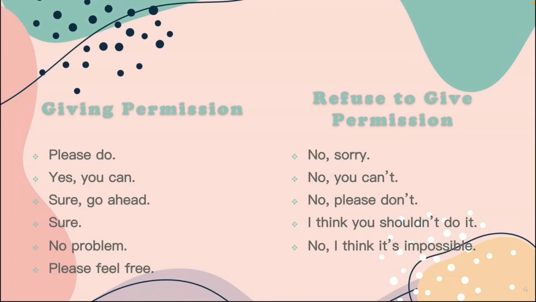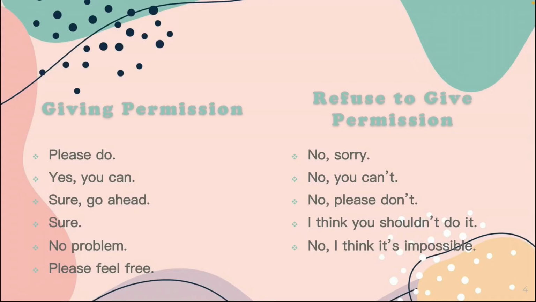Okay, for the next slide, we have how to respond to permission. In responding, we have giving and refusing permission. To give permission, you can use expressions like: please do, yes you can, sure, go ahead, sure, no problem, or please feel free.